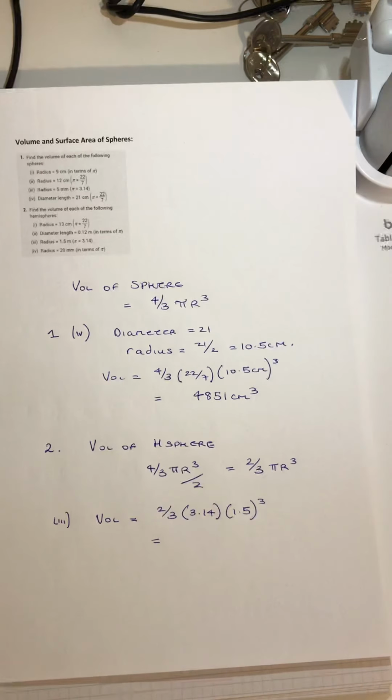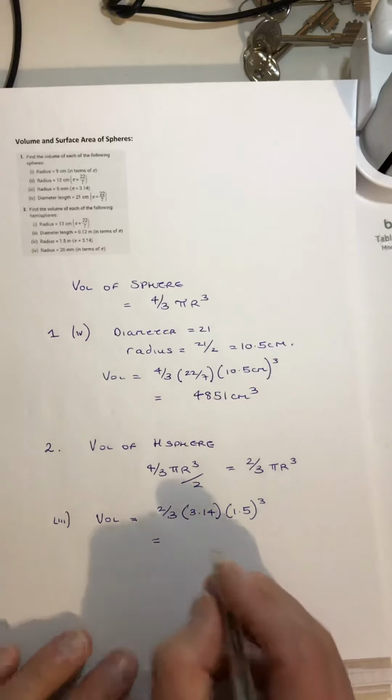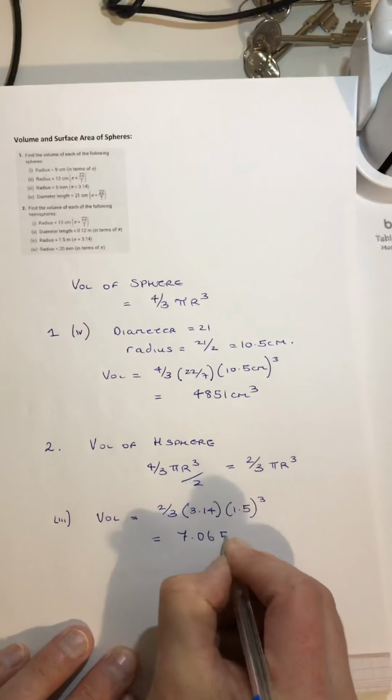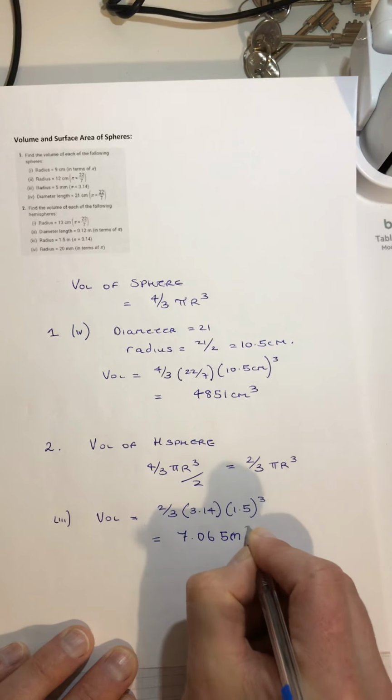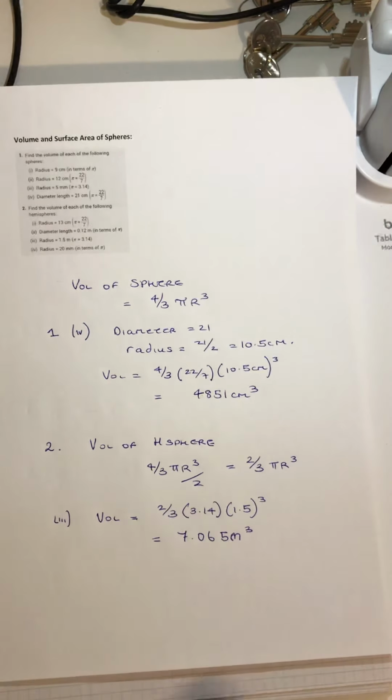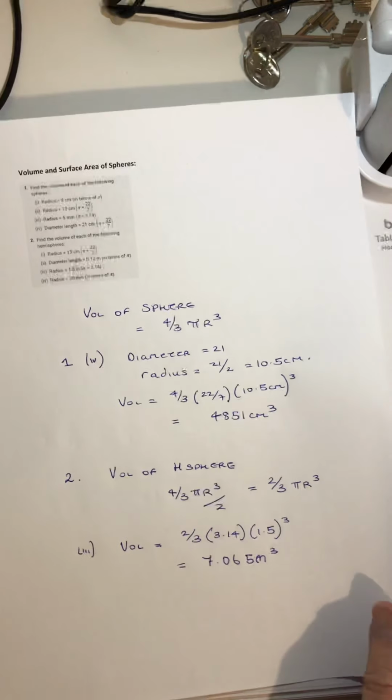So in this case then, 2 over 3 multiplied by 3.14 multiplied by 1.5 cubed gives us a total of 7.065, and it's in meters cubed. And that's the area and volume of sphere.